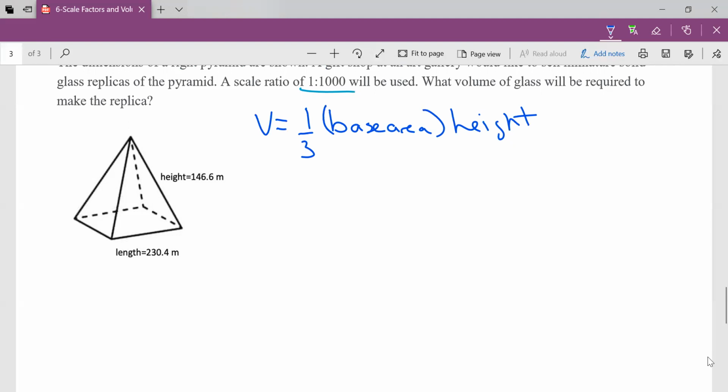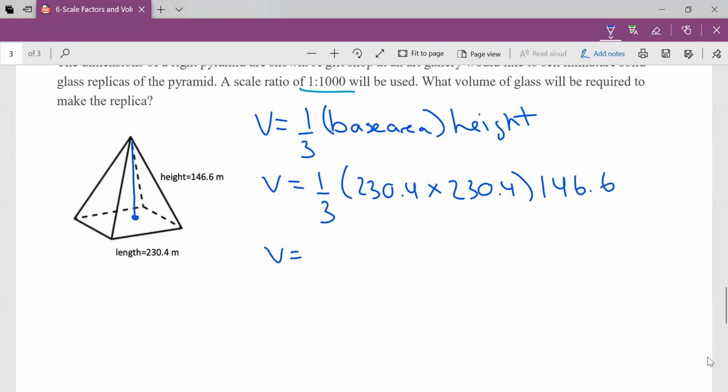Now the height given is in there. That's the height, not the slant height, if you remember that from 10C. So our base area would be 230.4. It's a square pyramid, so our base area is length squared times the height.